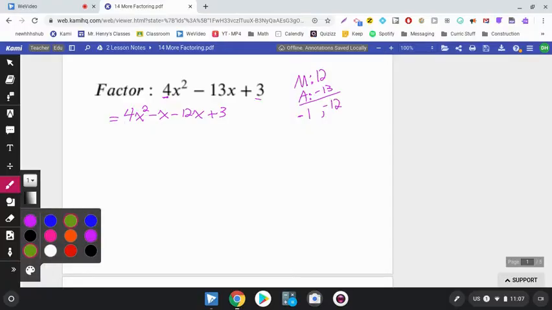Now I factor by grouping. First 2, second 2. And the second 2 is going to be maybe a little trickier, but that's okay. Within the first one, it looks like I have an x as my common factor. And I get left with a bracket of 4x minus 1. And in the next one, minus 12x plus 3. If my first term in the group is a negative, I have to factor that negative out.